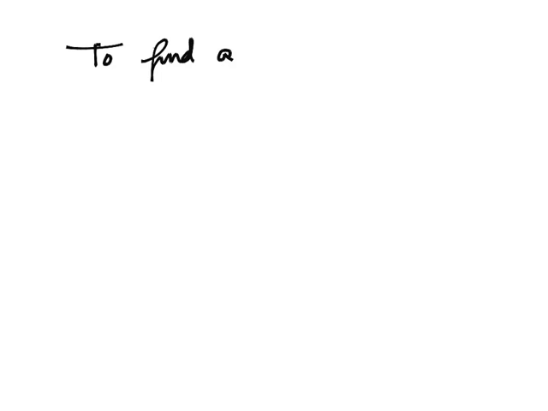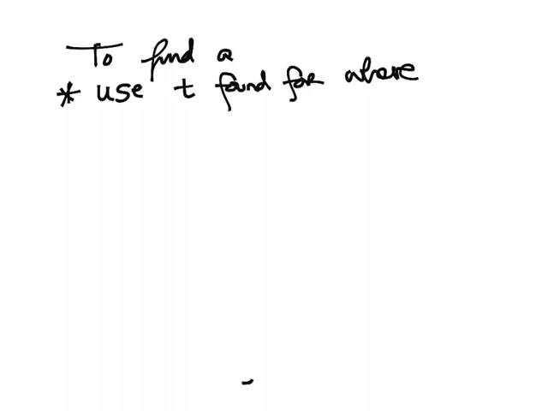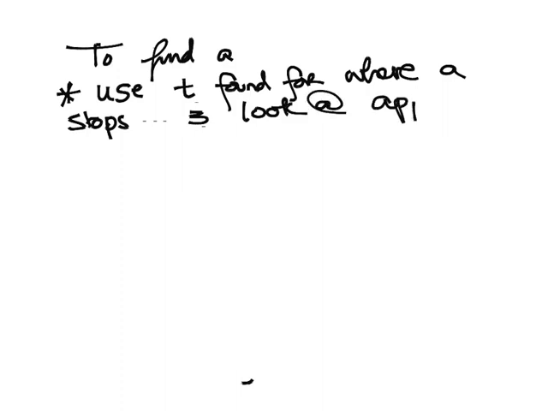Okay, so to find acceleration, you use the t found for where acceleration stops, and look at the approximate distance. Okay, so this is one method.